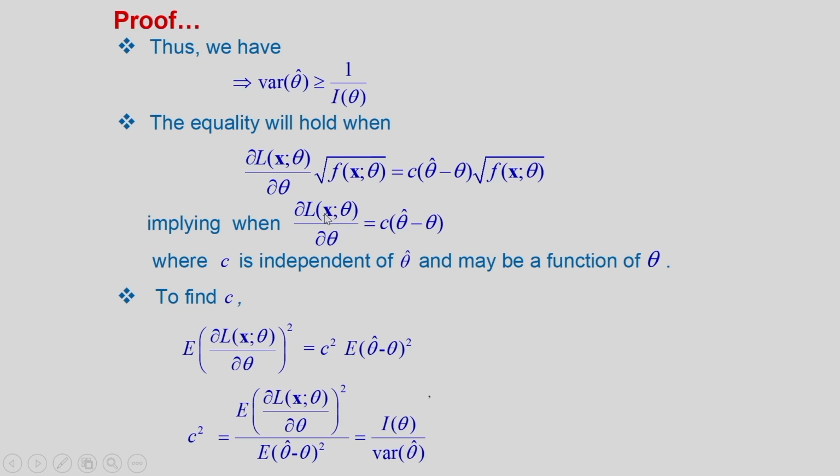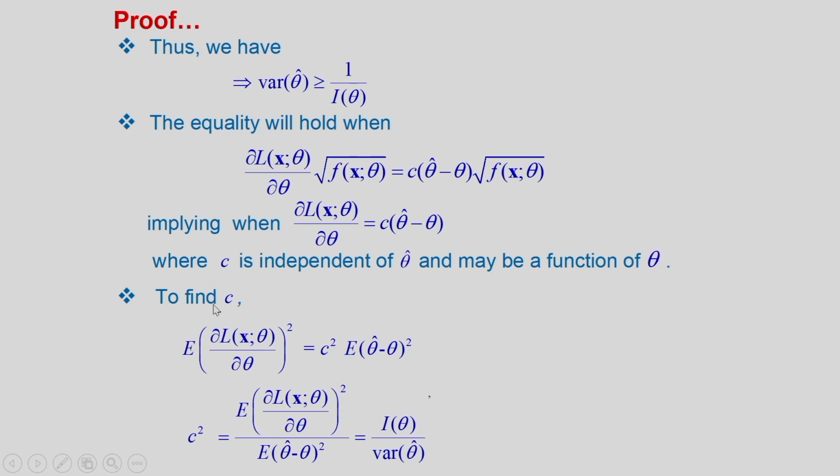So, what we will get? This equality will hold when del L del theta is equal to c times (theta hat minus theta). This is the condition for equality, where c is independent of theta hat. It is a scalar actually, and may be a function of theta. C may be a function of theta, but c does not involve x or theta hat.